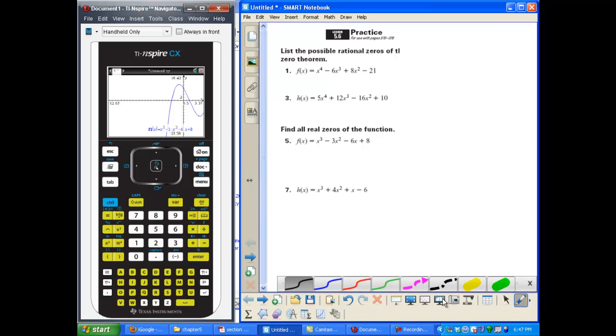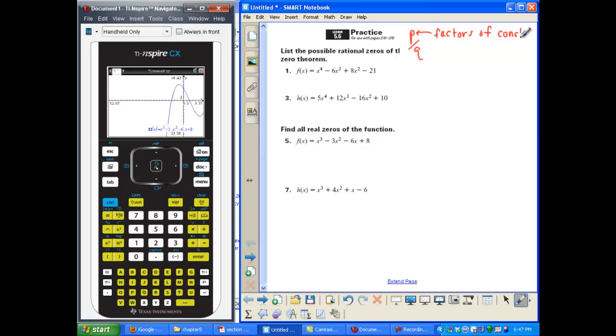So the rational zeros theorem, a lot of the books will talk about P over Q. So P represents the factors of the constant. So in each of our polynomials, we will look at the constant term, which is your last term here.